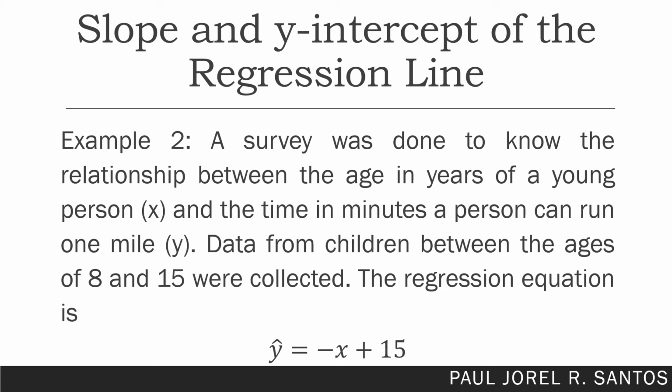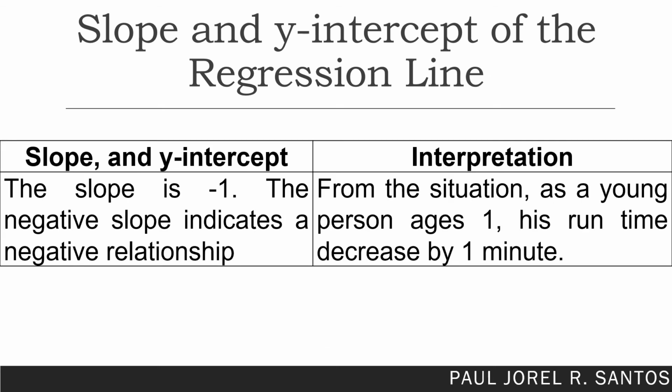Take note that the values for x range from 8 to 15. The slope here is negative 1, and the relationship between the two variables is also negative. It means the higher the x, the lower the y, or the lower the x, the higher the y.